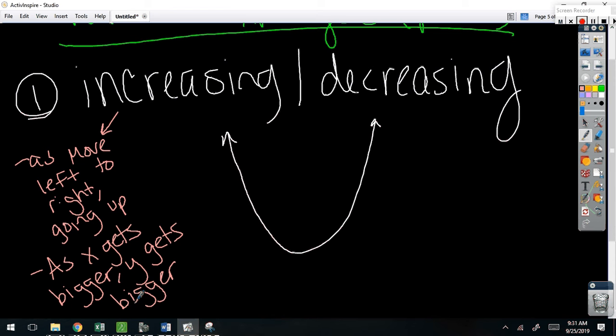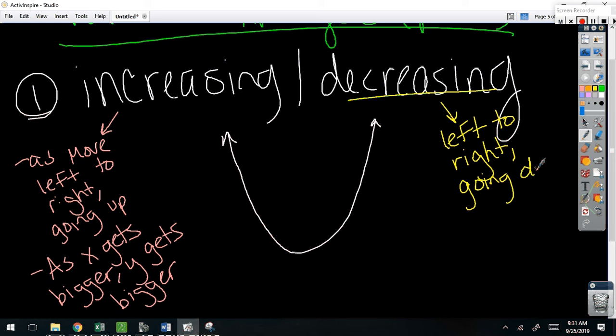So then decreasing is just the opposite of that. As you move left to right, what way do you think the graph goes? Down. In other words, as x gets bigger, what does y do?